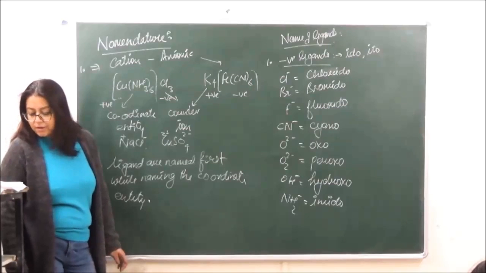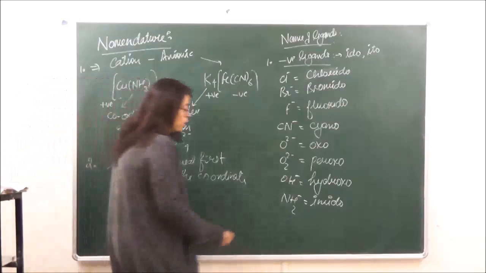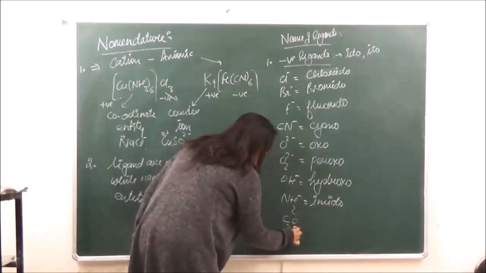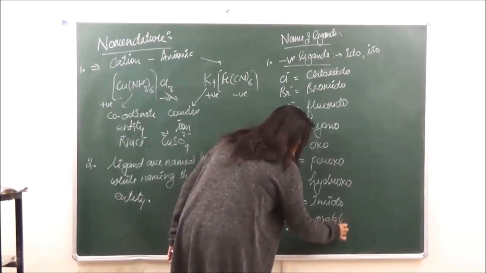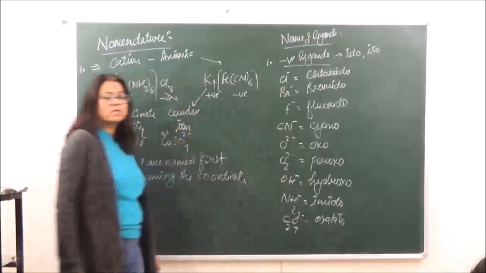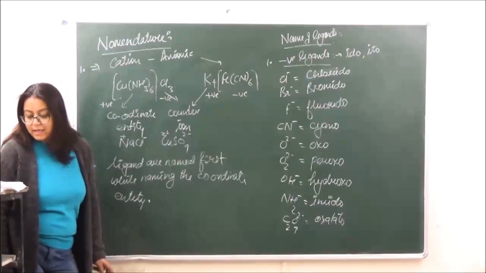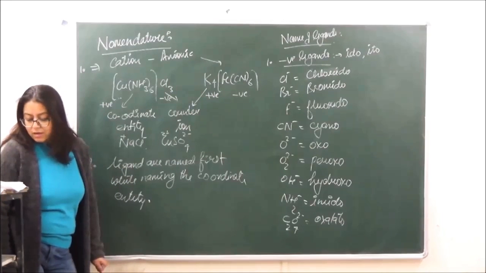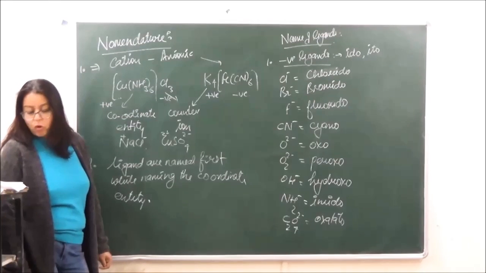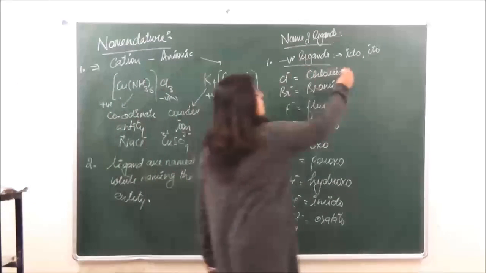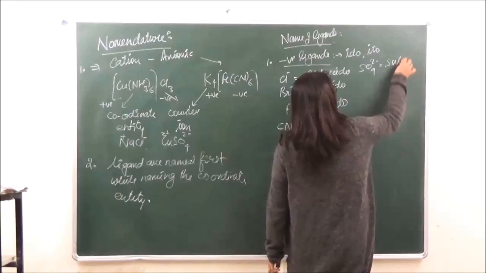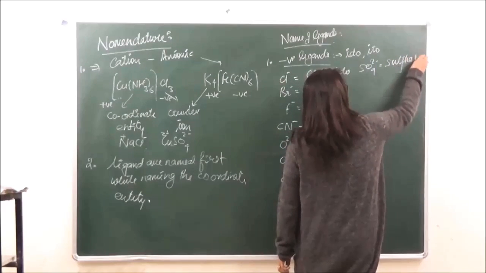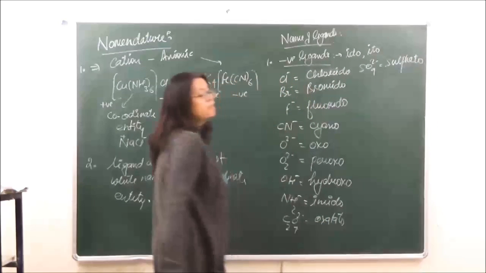And if we have C2O4 2 negative, this is named as oxalato, right? Then say we have SO4 2 negative, then this is named as sulfato.